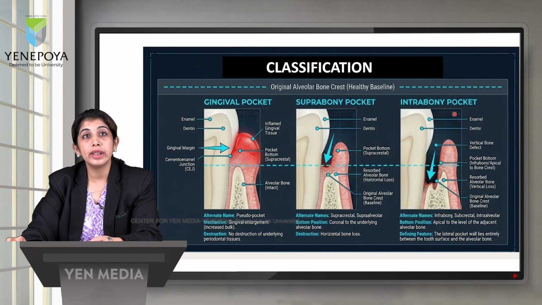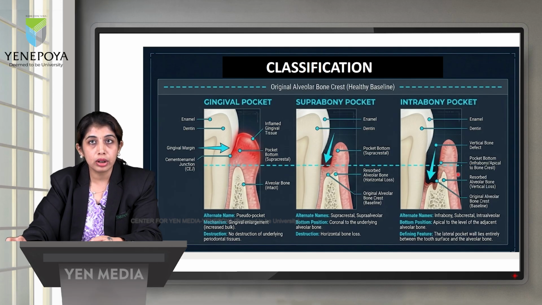When you come to an intrabony pocket, here the base of the pocket is apical to the crest of the alveolar bone. That means it's not a horizontal bone loss, it is a vertical or an oblique bone loss. So the lateral wall of the pocket lies between the tooth and the alveolar bone.